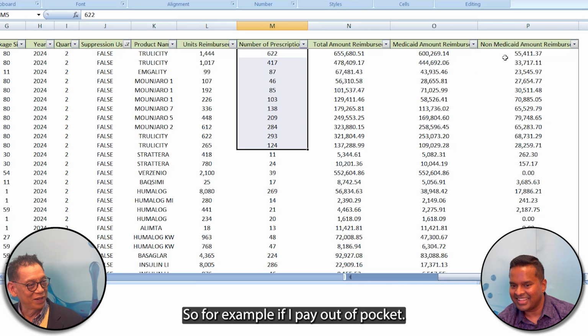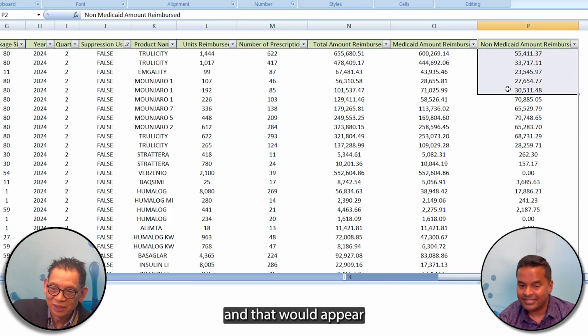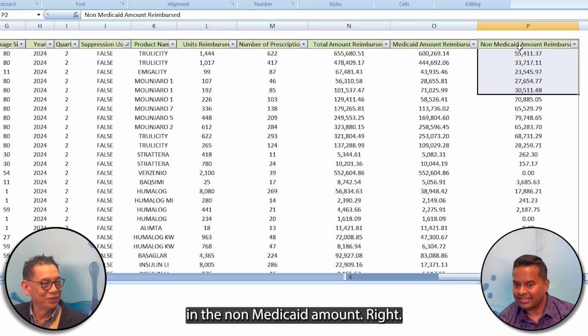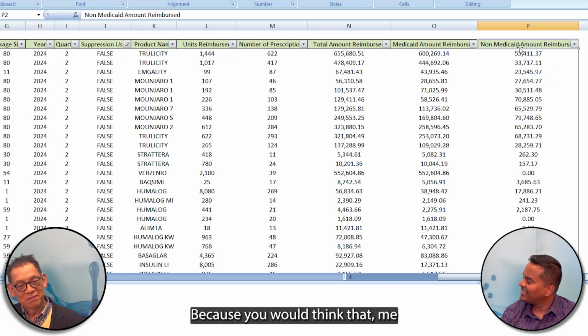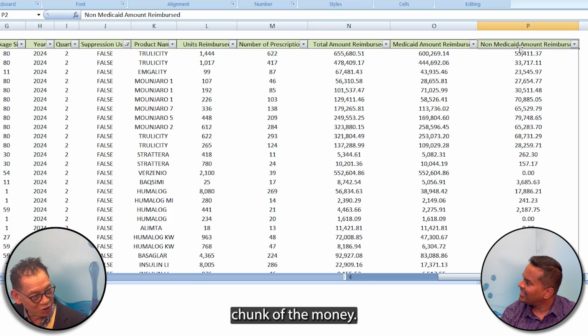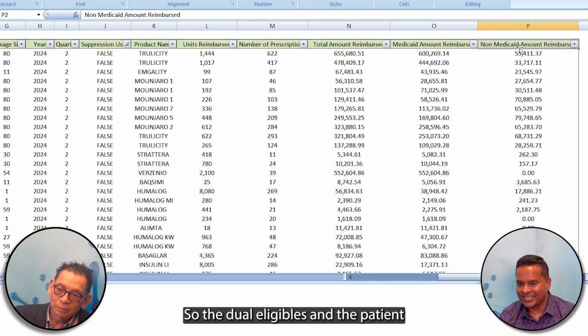For example, if I pay out of pocket, they would keep track of how much I pay, and that would appear in the non-Medicaid amount, among other things. You would think it's only the Medicaid chunk of the money, but non-Medicaid is represented as well. So the dual eligibles and the patient out of pocket.